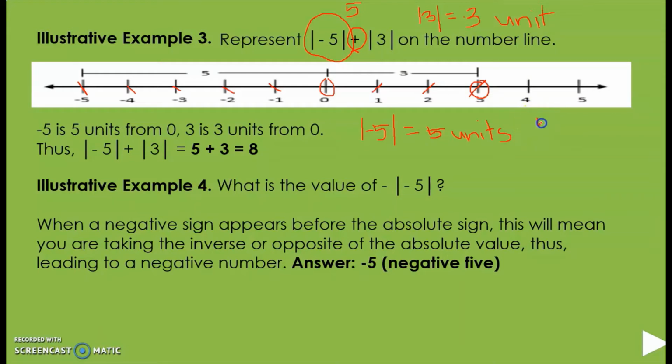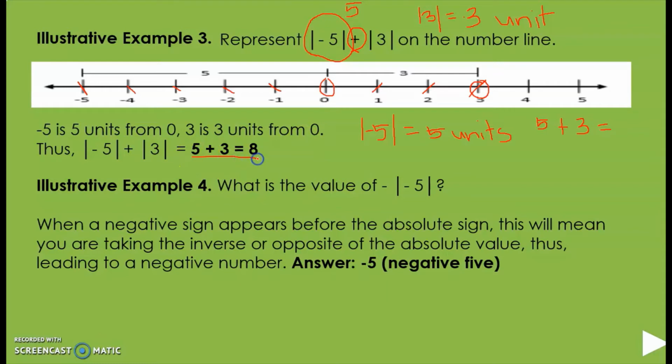So we have 5 for the absolute value of negative 5, take the plus sign, and we have 3 here for the absolute value of 3. As shown here, it is equivalent to 5 plus 3, and the answer is 8.